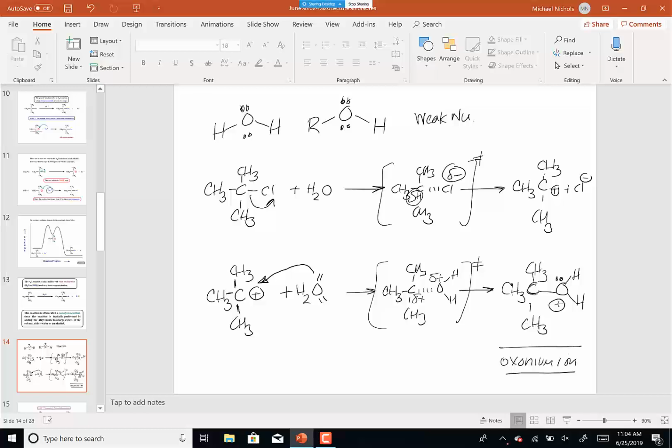Okay, so in the second step of the reaction, then the whole water molecule adds to the carbocation. Now you could say, but I'm going to form an OH, I'm going to have a COH, why doesn't hydroxide add? And my question to you is, well, how much hydroxide is there in water? If I had a glass of pure water, what would the concentration of the hydroxide ion be?